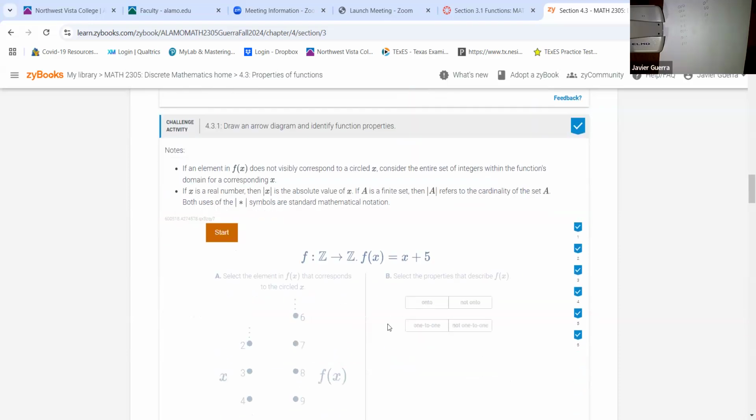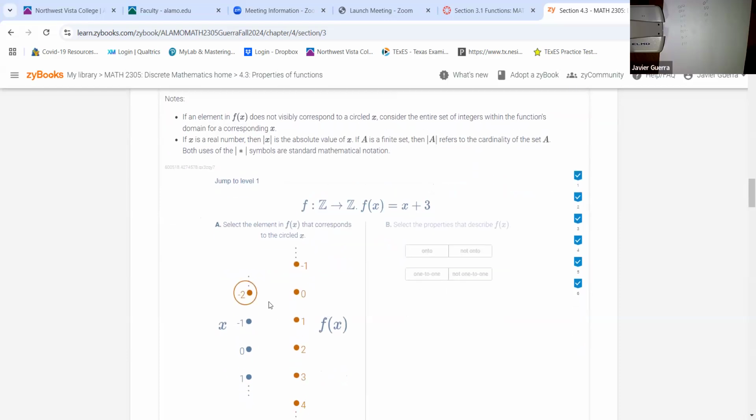Good to know. All right, let's start it off. If my function maps an integer to an integer, I plug in f of x equals x plus 3. I need to map it out. Let's see how this works. Select the element f of x that corresponds to the circle.